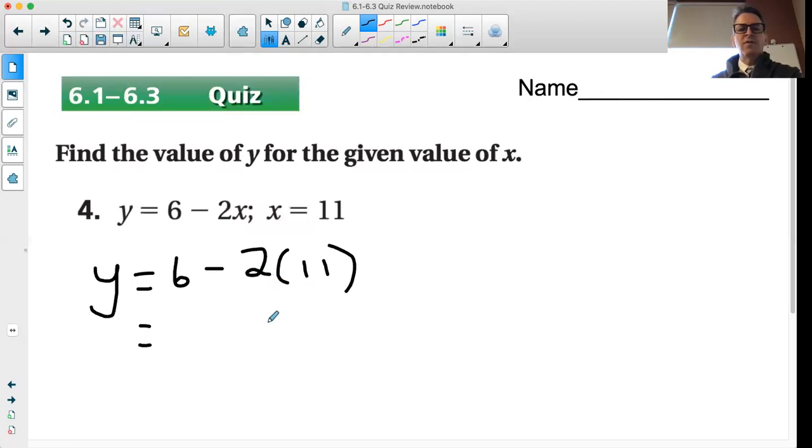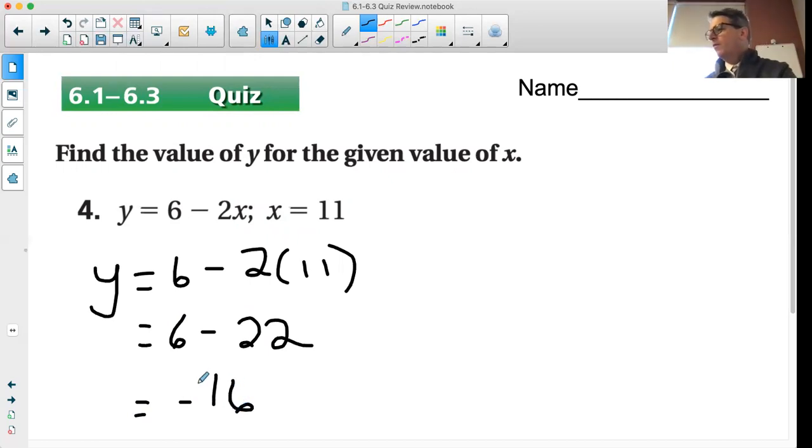So this multiplication is done first before you subtract. 2 times 11 is 22. And your answer is -16 for number 4.